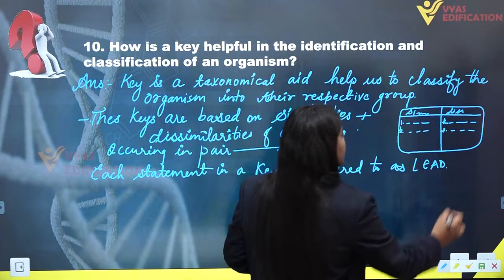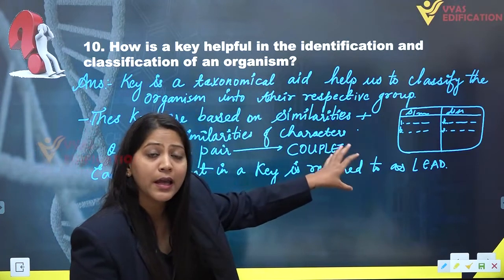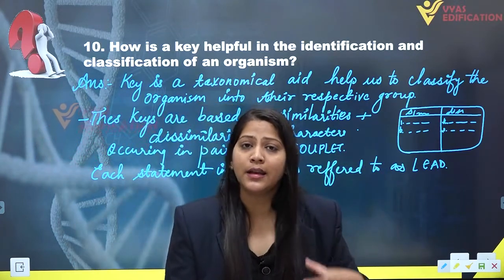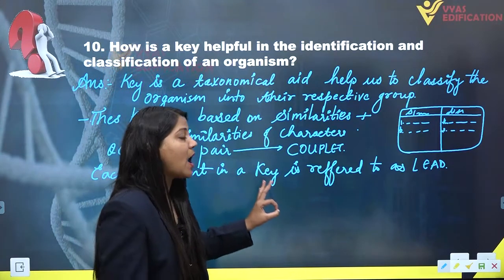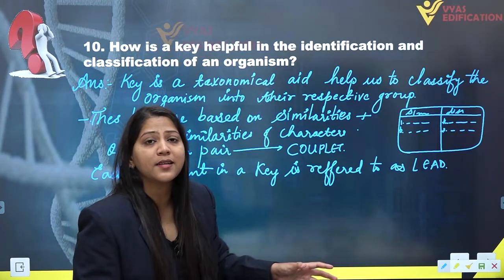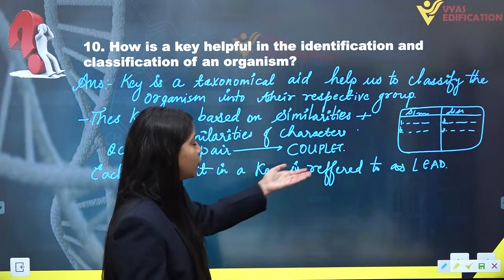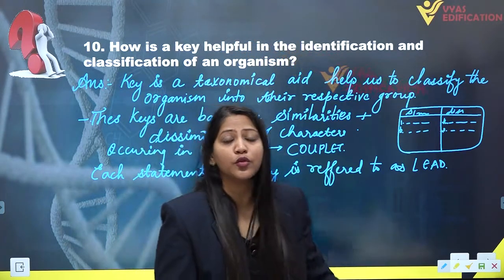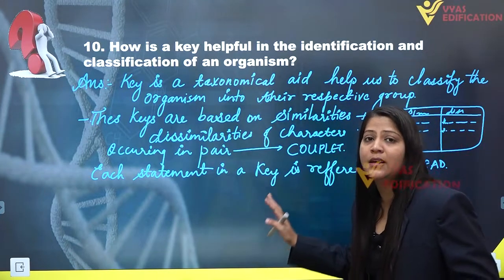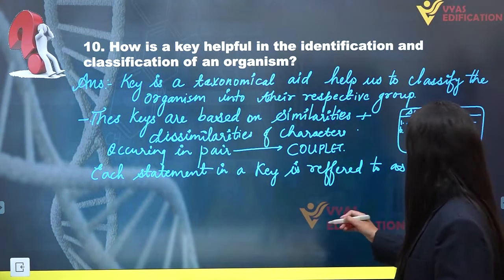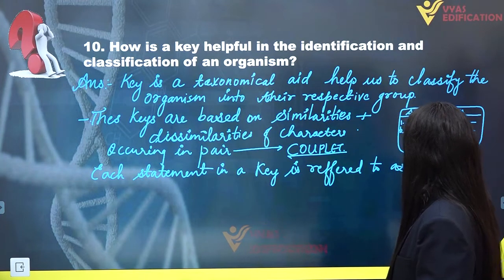Each and every statement in a key is referred to as a lead. These two terms are very, very important. They can be asked in board and they can be asked in NEET. So couplet and lead are the most important terms related to the taxonomical aid key. So you have to remember these two terms, couplet and lead.